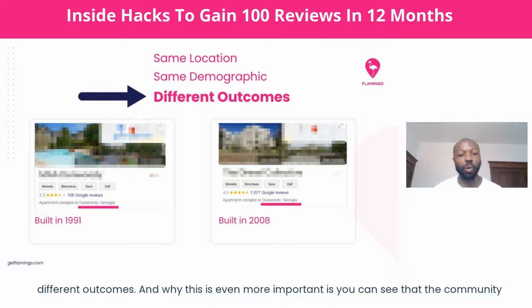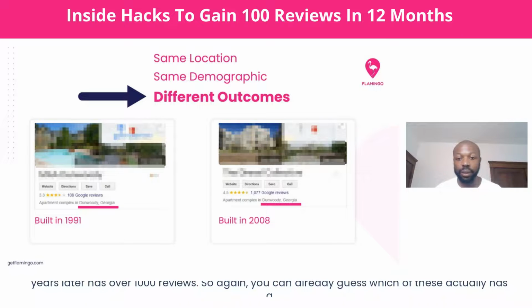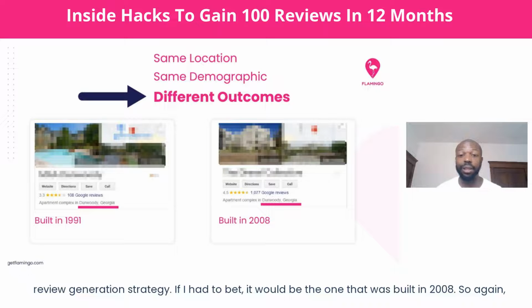The community that was built in 1991 to this day only has 106 reviews, whereas the one that was built almost 20 years later has over 1,000 reviews. You can already guess which of these has a review generation strategy. If I had to bet, it would be the one that was built in 2008.